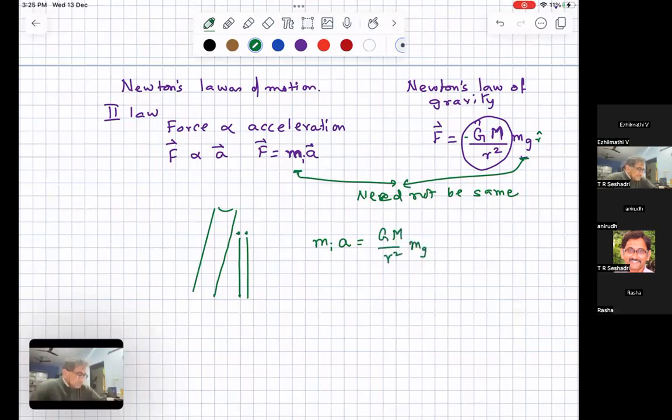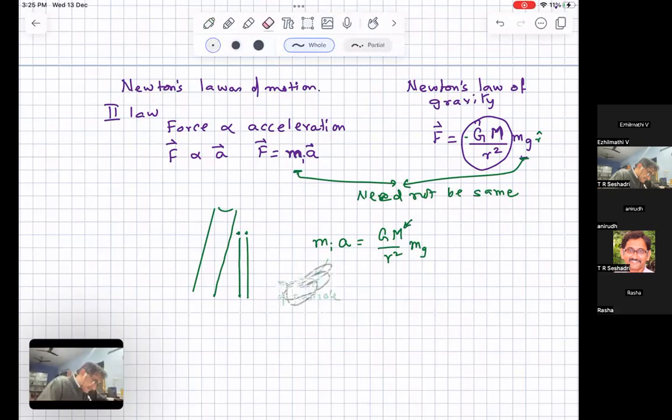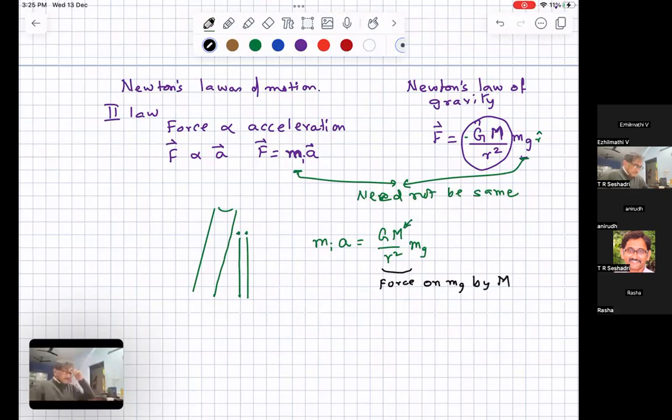Now, this mg is the mass of the object. Rather, I will say that this thing is the force on mg by M. And since this force is on mg, this particle moves.